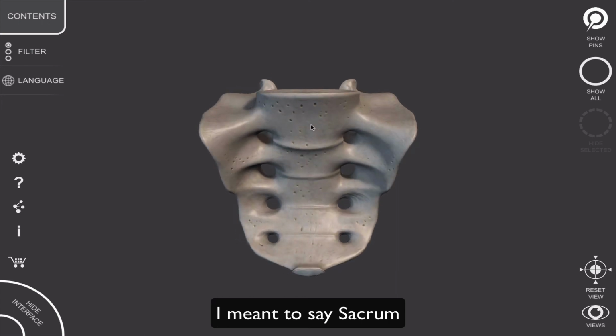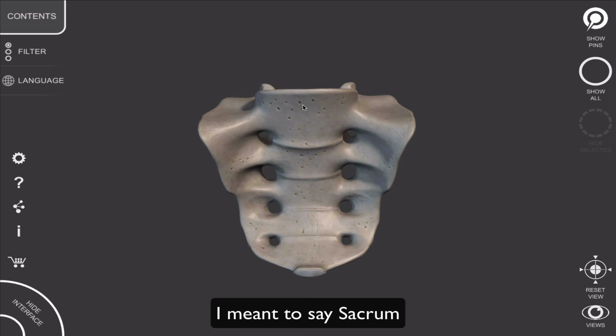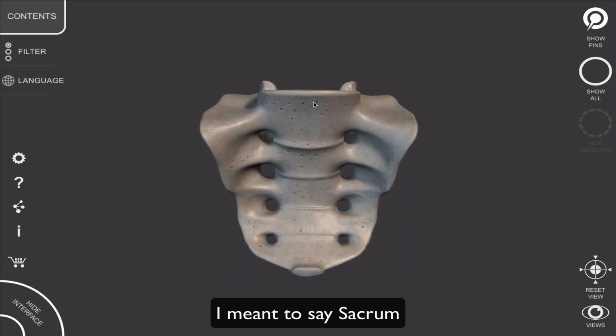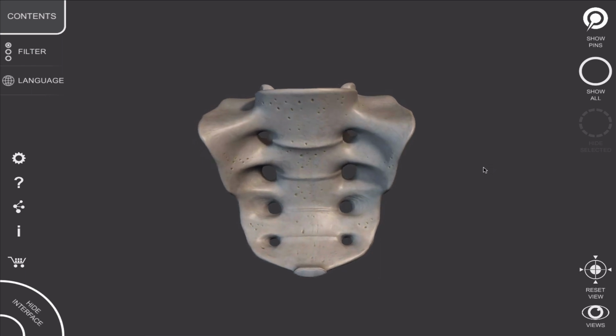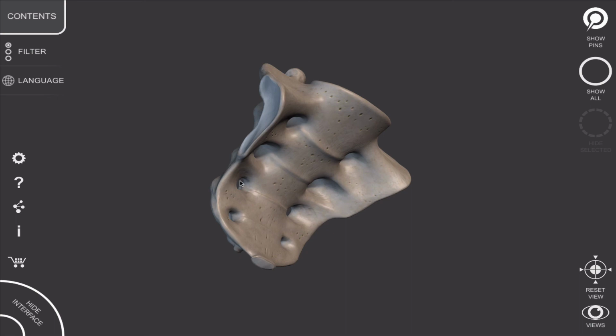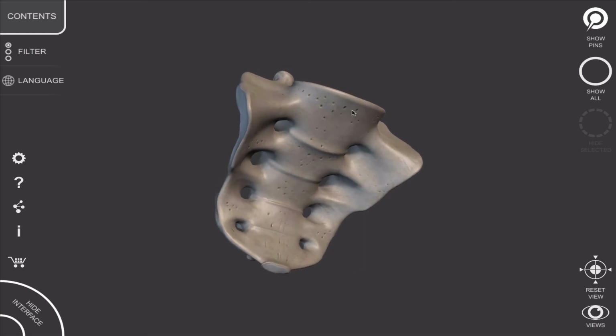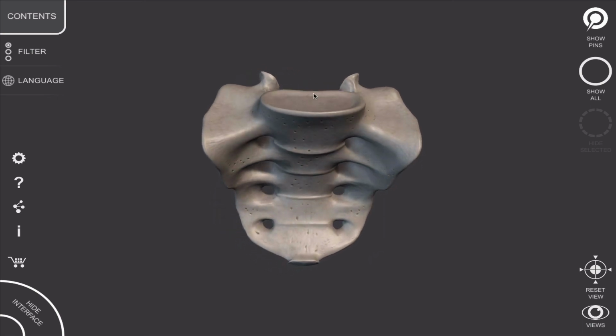And I'm not sure if I just said coccyx for some reason. I'm thinking that's what I just said. This is the sacrum. And all I really need you to be able to do is recognize that this is the sacrum.